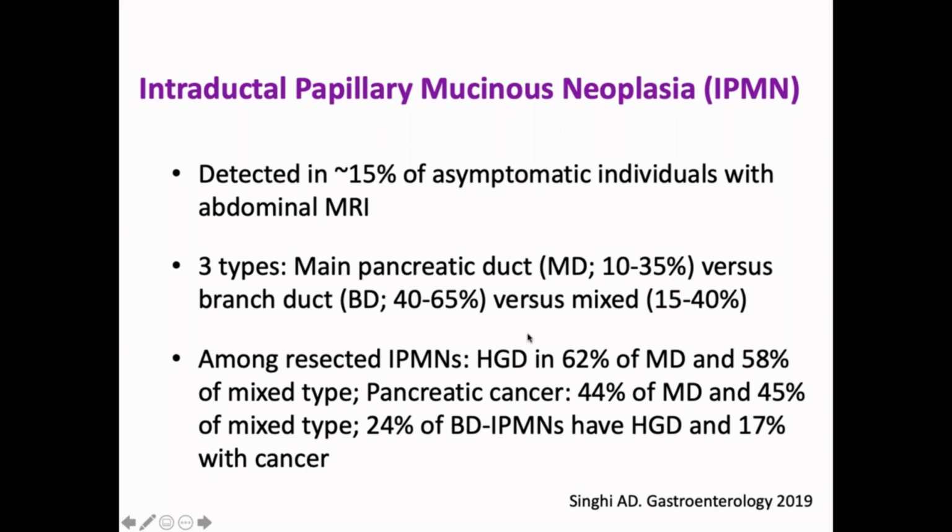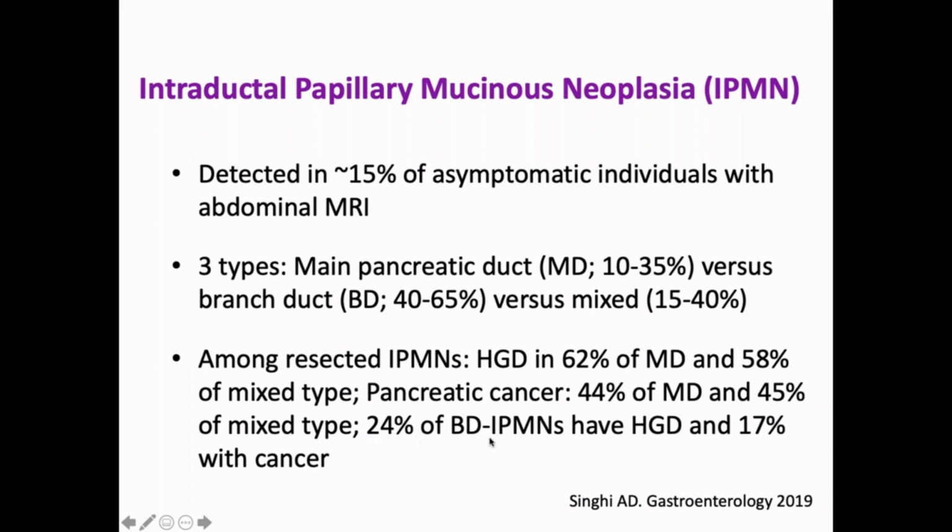Amongst individuals that have proceeded on to have resections of IPMNs, we see the highest rates of high-grade dysplasia and pancreatic cancer amongst those that have main duct involvement or of the mixed type.